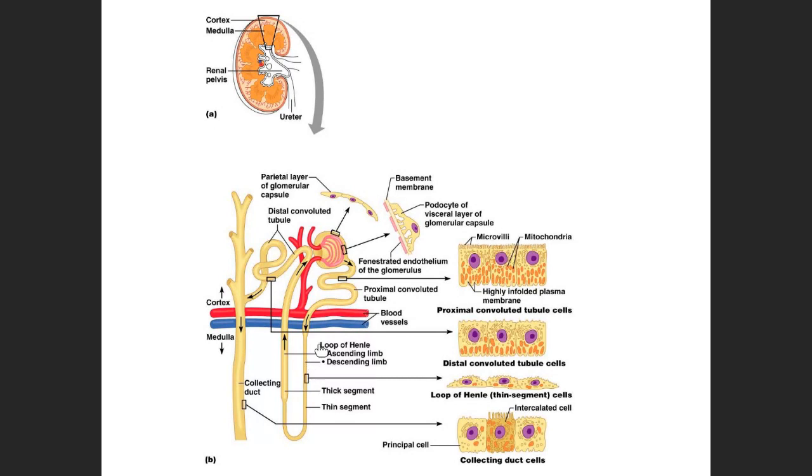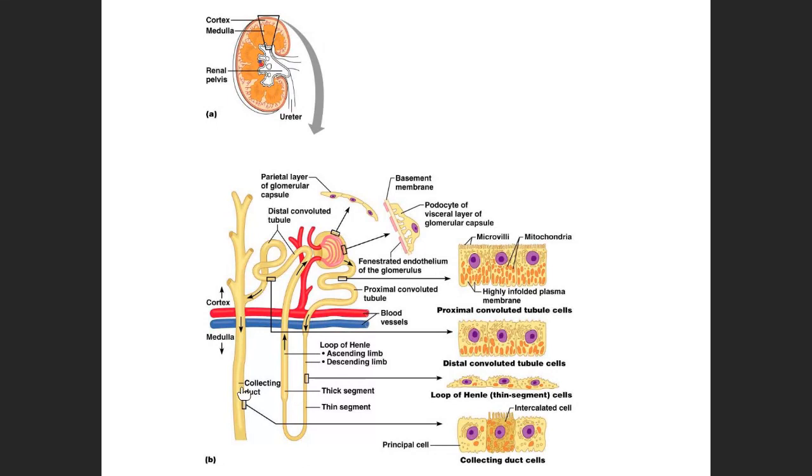It thins so that it's very permeable to water. So water in the filtrate leaves because the surrounding has a lot of salt. In the ascending loop of Henle, it tends to be thicker because salt is being actively transported out of the ascending loop. As such, it's the loop that is important to maintain the salinity gradient.